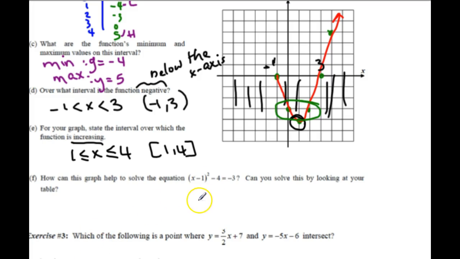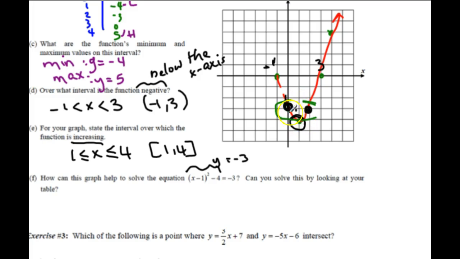What value do I need to plug in for x so I get -3? If you look, this is -3 right where I circle, and it has 2 points when it's -3. So the 2 points that I want to look at are these points right here, because when y is -3, this whole thing, which is y, has to be -3.